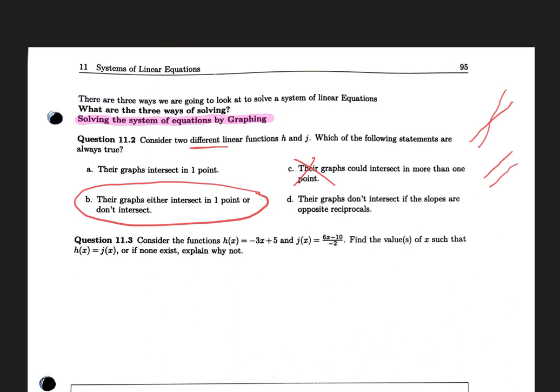The graphs don't intersect if their slopes are opposite reciprocals. Well, if you remember anything about opposite reciprocals, those are perpendicular lines. So that doesn't make sense.